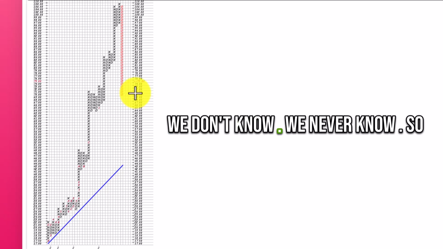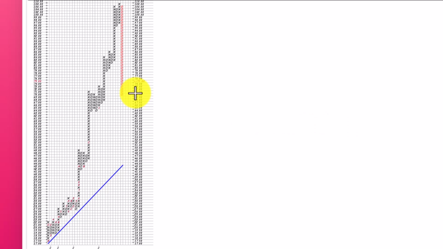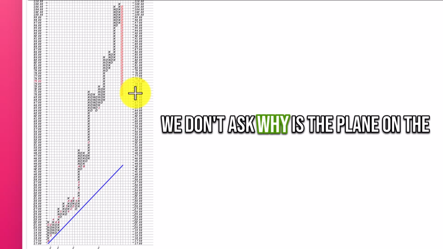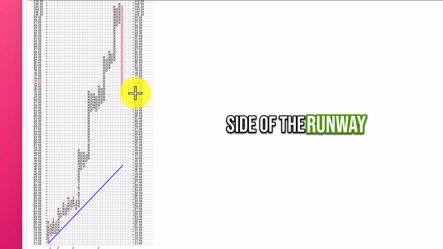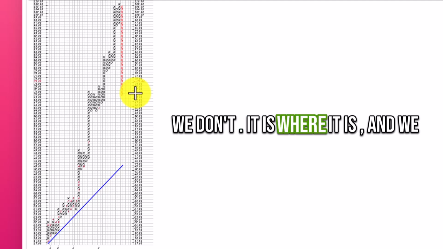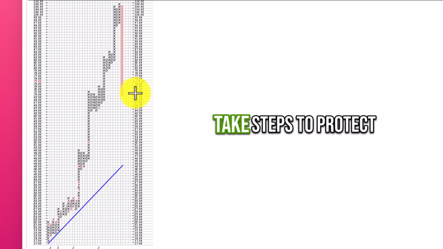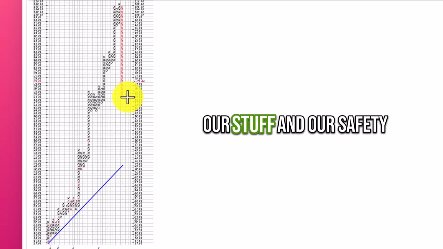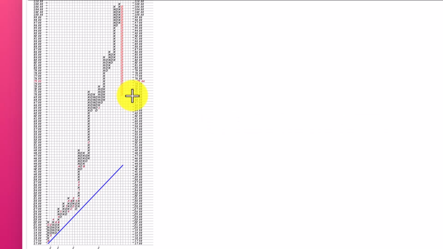We don't know. We never know. So we don't ask why. We don't ask why the plane is on the side of the runway. It is where it is, and we take steps to protect our stuff and our safety and the health of our accounts.